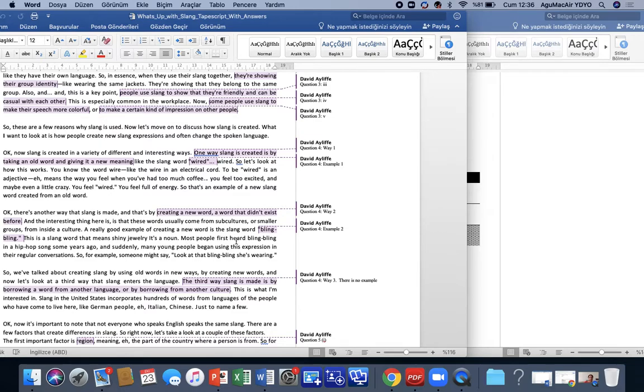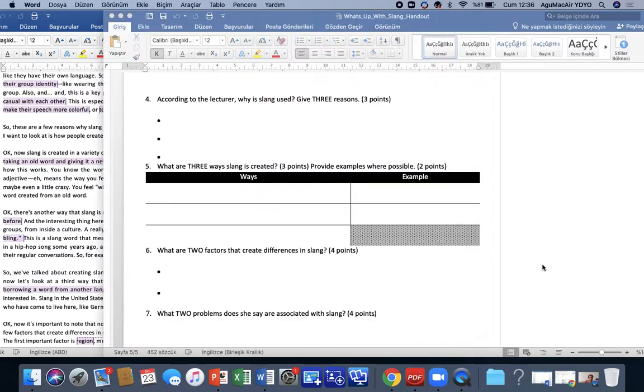Most people first heard bling bling in a hip hop song some years ago, and suddenly many people, young people, began using this expression in their regular conversations. So someone might say, "Look at that bling bling she's wearing." Okay, so you may summarize this, write this in a short way, and the example is bling bling.